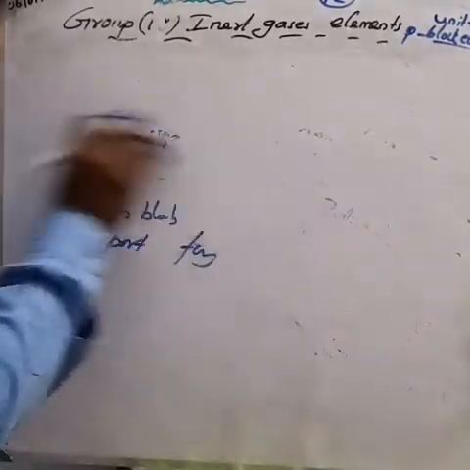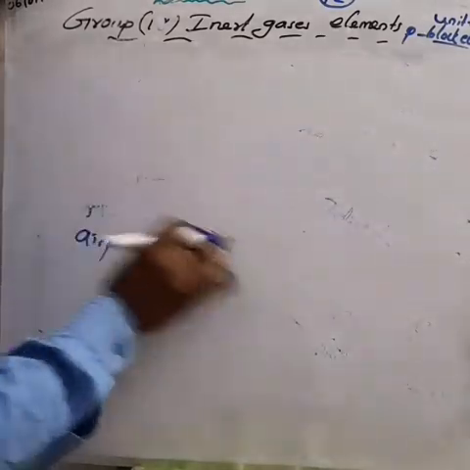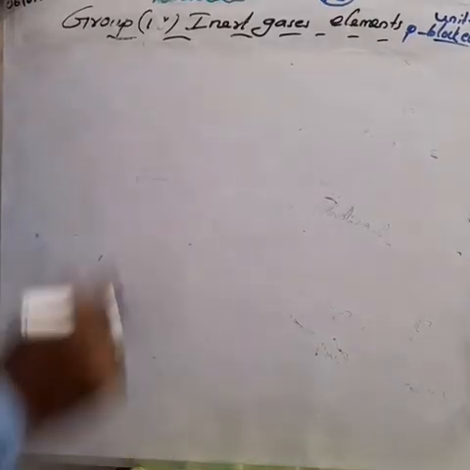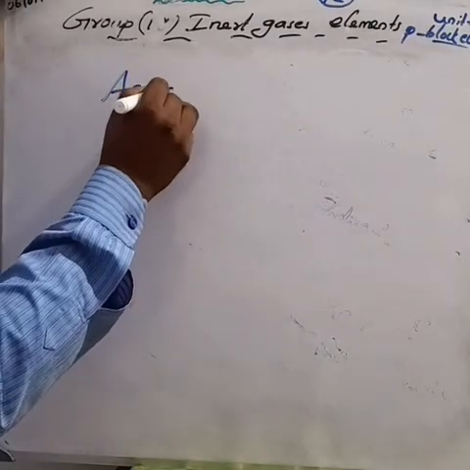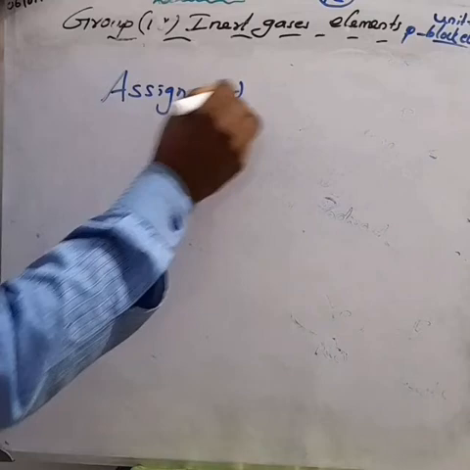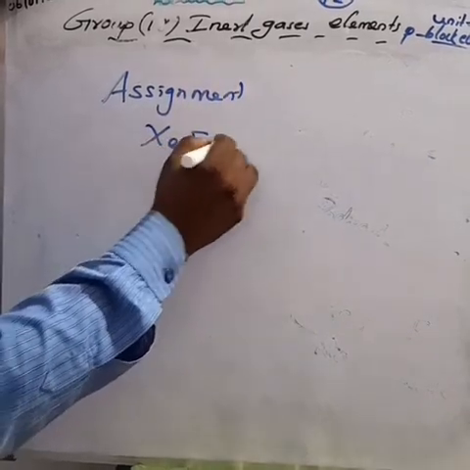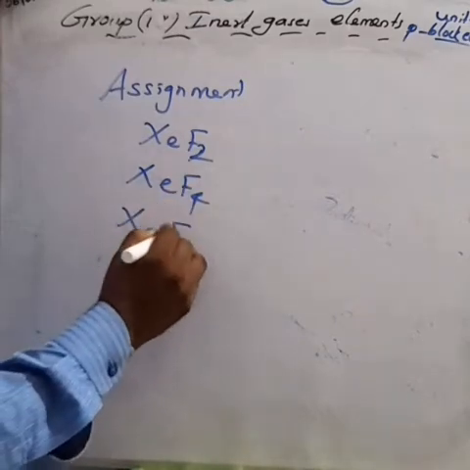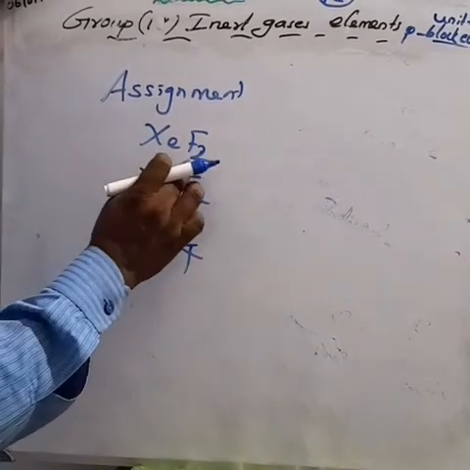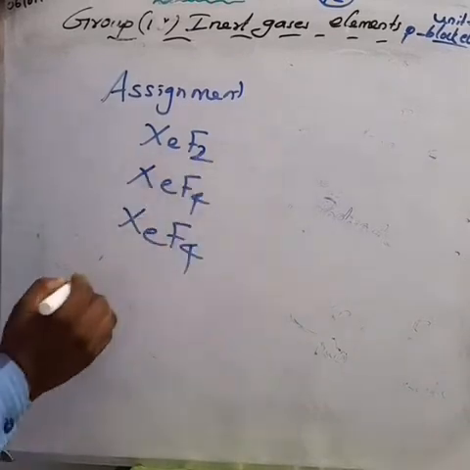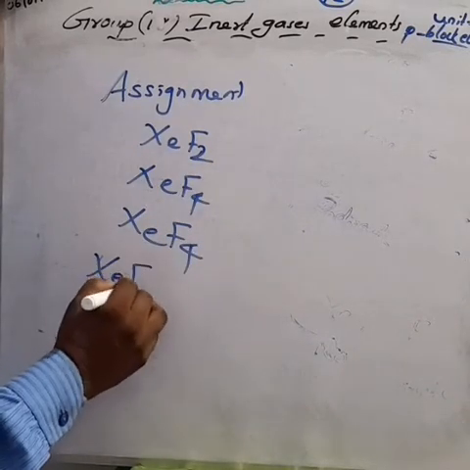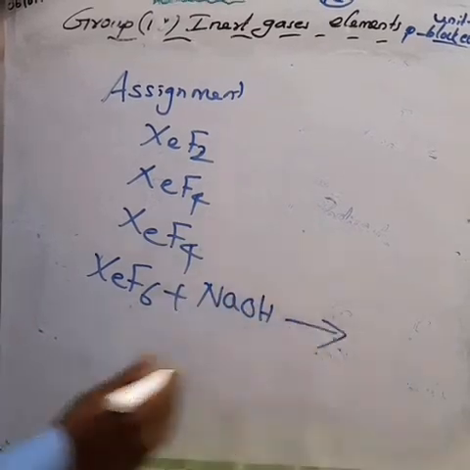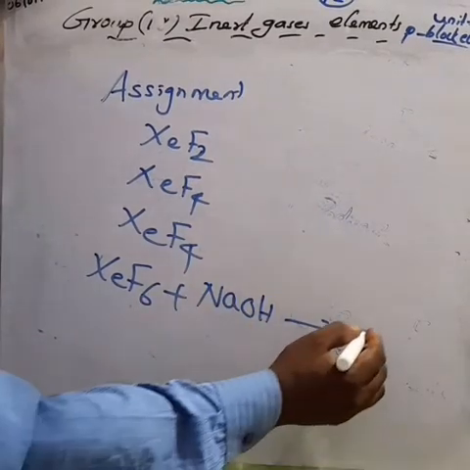Anyhow, today I am giving an assignment. Please all of you write it. How is xenon fluoride prepared? First 3 equations: xenon difluoride, xenon tetrafluoride, xenon hexafluoride, XeF2, XeF4, XeF6, and also how xenon hexafluoride, XeF6, reacts with sodium hydroxide.